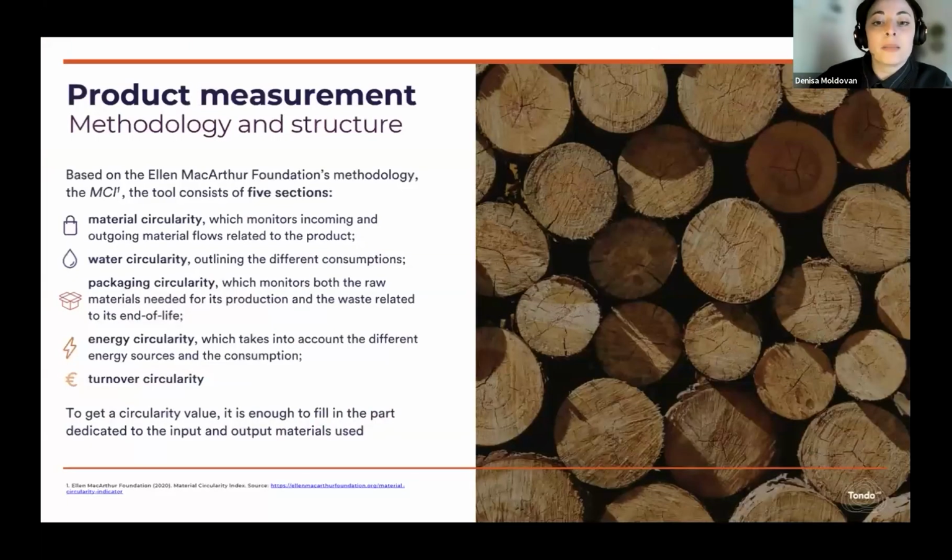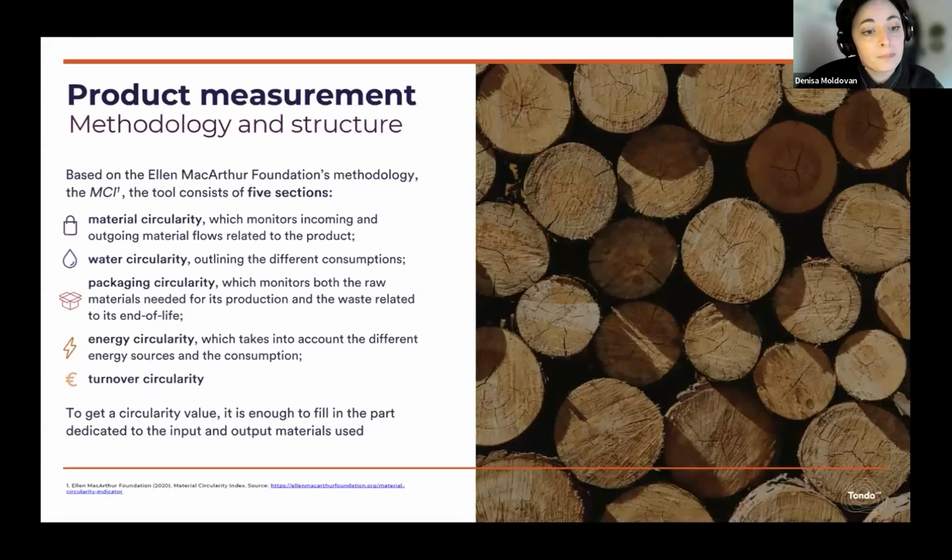The product circularity measurement tool is based on the MCI methodology and evaluates 5 critical dimensions of a production process. The material circularity, assessing the proportion of incoming and outgoing material flows related to the product. The water circularity, measuring water consumption and reuse within the product production.